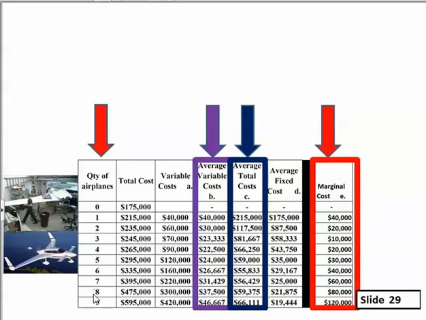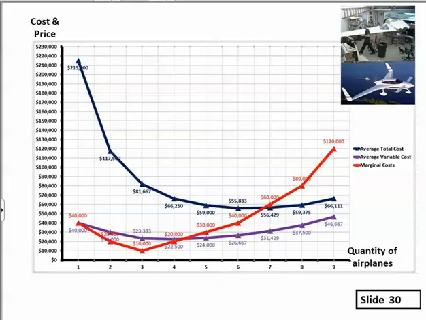Moving on, we'll get rid of this. So we have the main costs that we need, and we have looked at their individual curves. Now we're going to put all the curves together. Remember I said the company is a price taker. That means that it is stuck with the equilibrium price that is set by market forces in supply and demand.